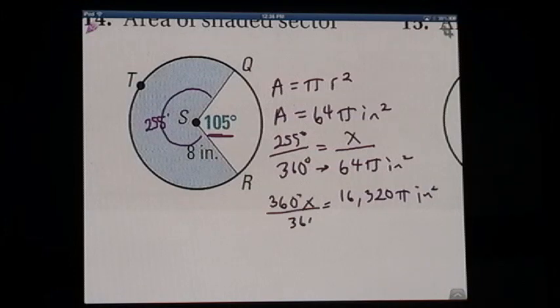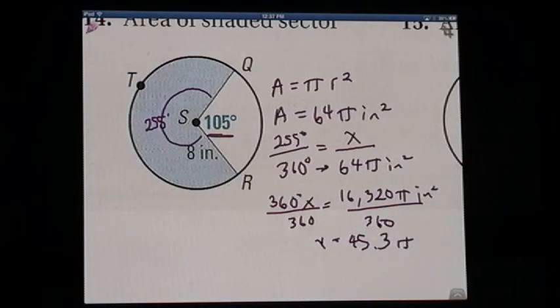Divide both sides by 360, and we get 45.3 repeating, and that's times pi.